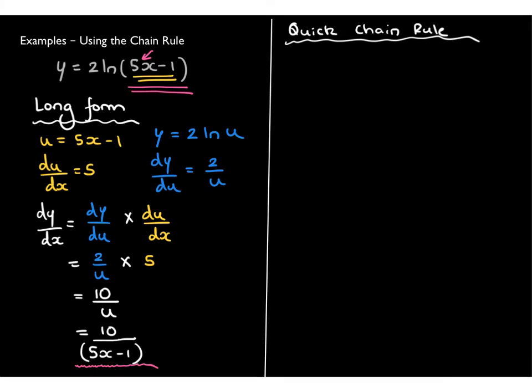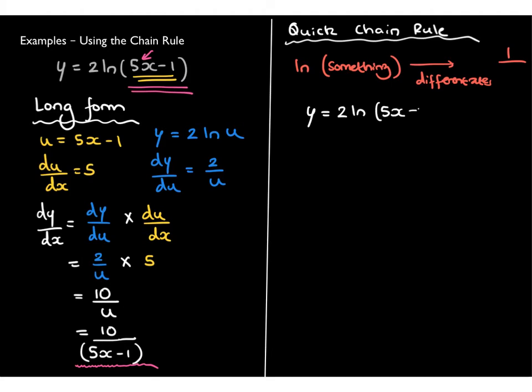So, how could we use the quick chain rule? Well, it relies on us knowing that if we have ln of something, this effectively differentiates to 1 over something, but we do have to just adjust a little bit carefully. So let's start again with y equals 2 ln of 5x minus 1.